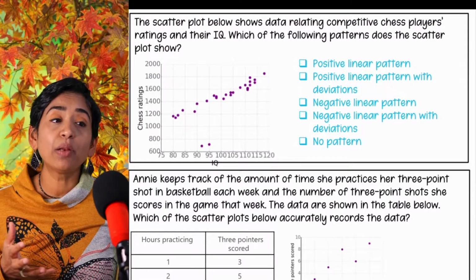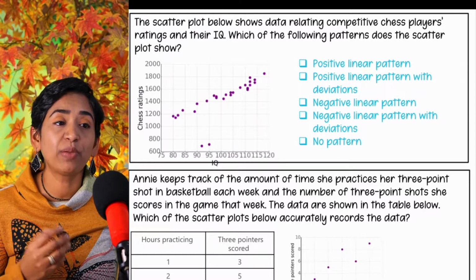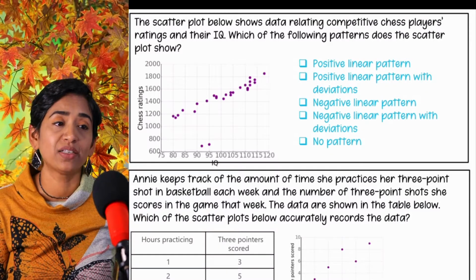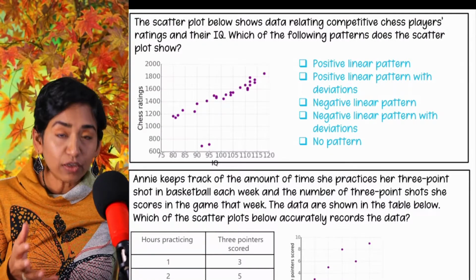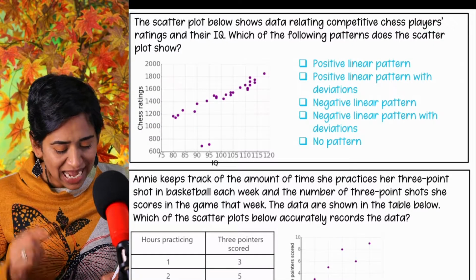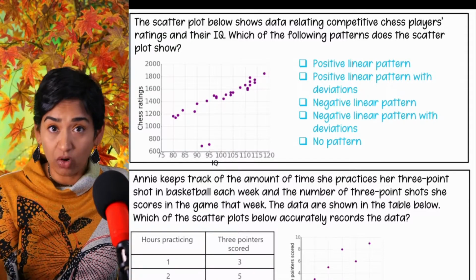Now let's go ahead and look at the next question. The scatter plot below shows data relating competitive chess players' ratings and their IQs. Which of the following patterns does the scatter plot show? Just by looking at the graph, as you can see, as the IQ levels are increasing, the chess ratings are increasing.